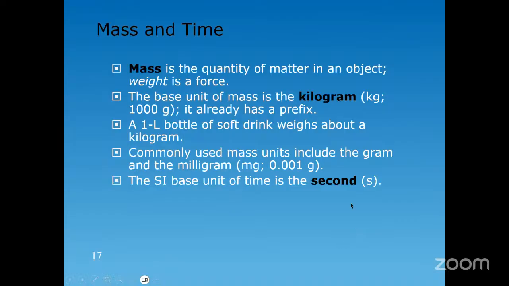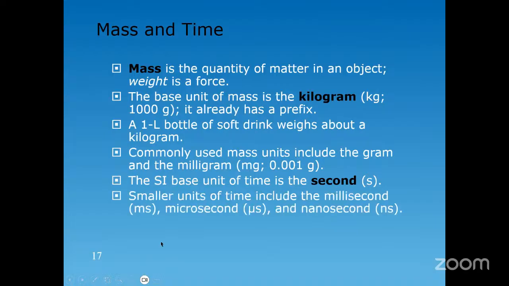And then when it comes to time, the SI unit of time that is used all over is seconds. But of course, we can have smaller units, which again result from using the prefixes. So for example, you can have the millisecond, microsecond, and nanosecond units, depending on what you're trying to measure.